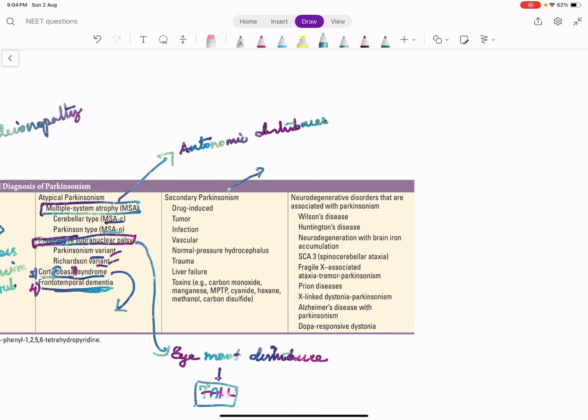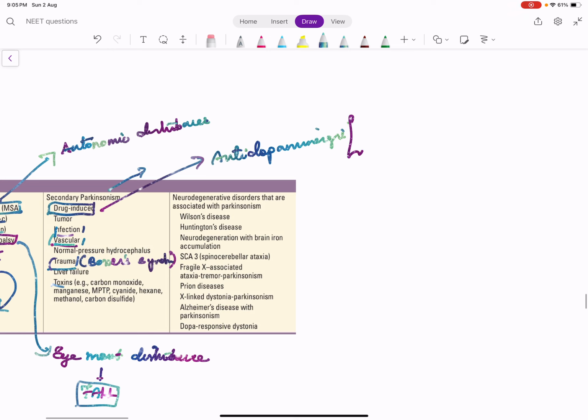Now there is something called secondary Parkinsonism, like vascular Parkinsonism. Like vascular dementia, we have vascular Parkinsonism. Some infections, or repeated trauma, that is Boxer's syndrome: there will be memory loss and Parkinson-like features. Some toxins can cause it. Then there is drug-induced Parkinsonism. Any drug which is anti-dopaminergic can cause drug-induced Parkinsonism, like psychiatric drugs. I told you when dopamine is more, the mood becomes problematic and psychosis will come.